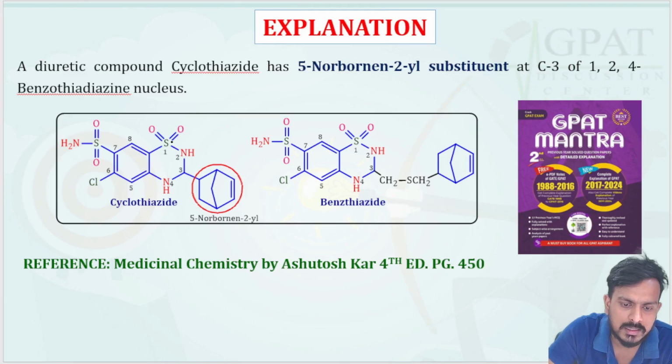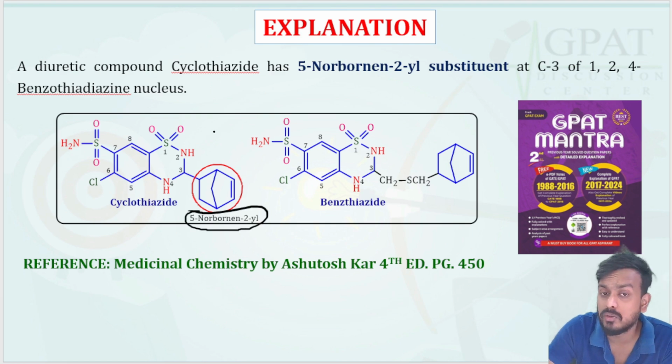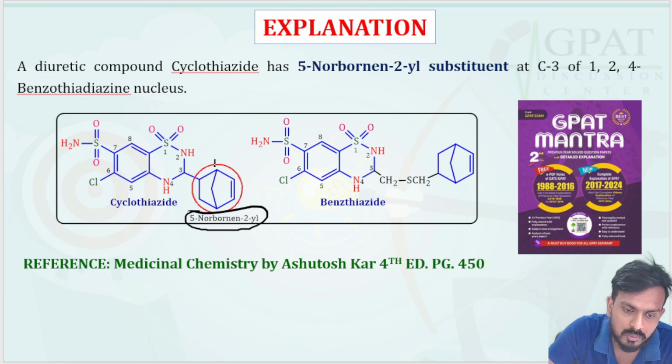In cyclothiazide, the nomenclature starts from the bridgehead. This is position number 1, 2, 3, 4, 5, 6, 7.